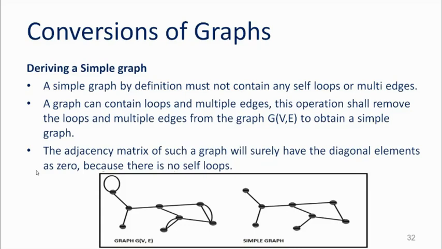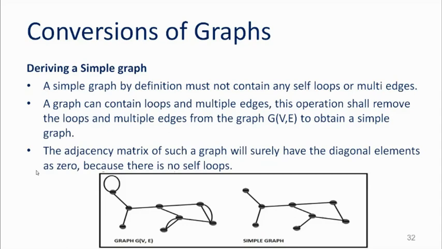A simple graph by definition must not contain any self loops or multi edges. A graph can contain loops and multiple edges. This operation shall remove the loops and multiple edges from the graph to obtain a simple graph.